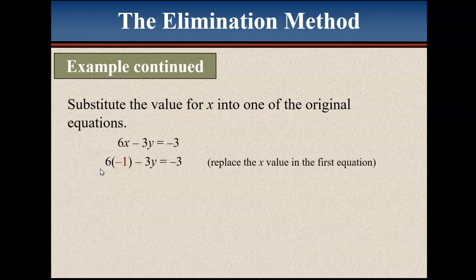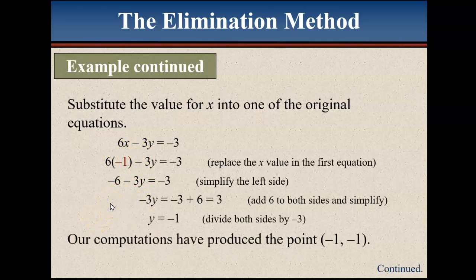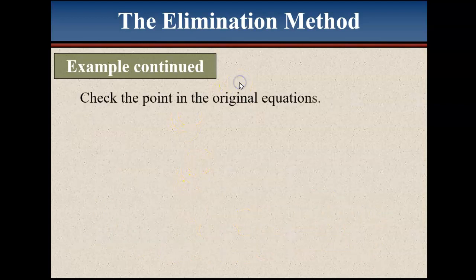So we're going to substitute that 1 into one of the other equations, right? So when we substitute the 1 into the first equation, we're going to get 6 minus 3y is equal to negative 3. Subtract 6 from both sides, and you see that y comes out to 3.